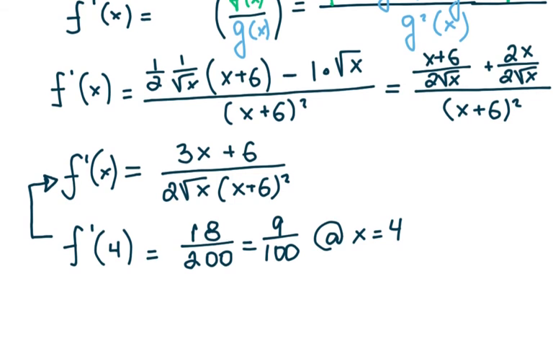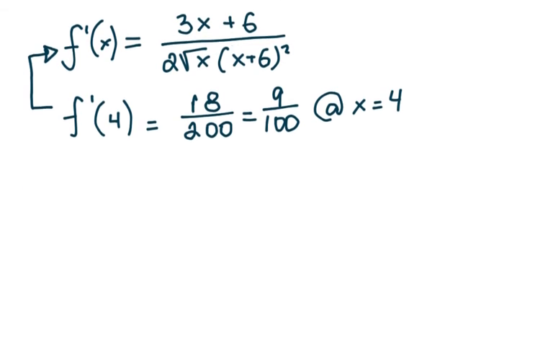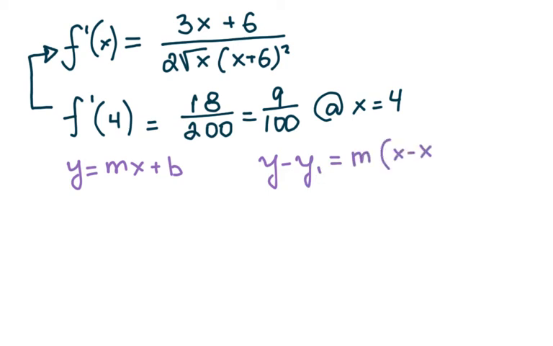So for the equation of this tangent line, since I know the slope of this graph, I have to rewrite my equation using either y equals mx plus b, the equation of the line, or y minus y1 equals m times x minus x1. So if I plug in, the point that was given is (4, 0.2).